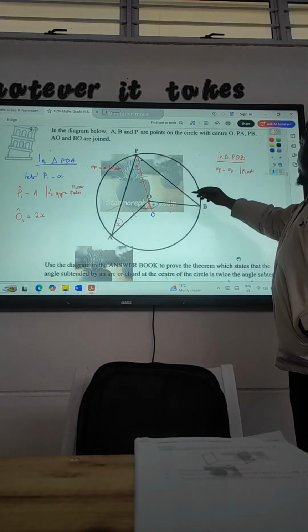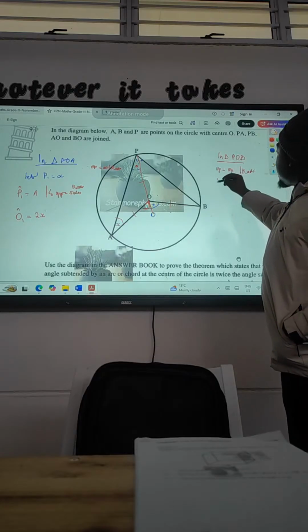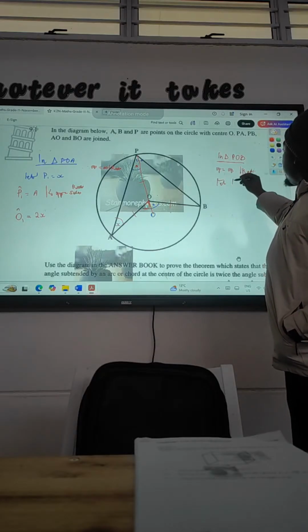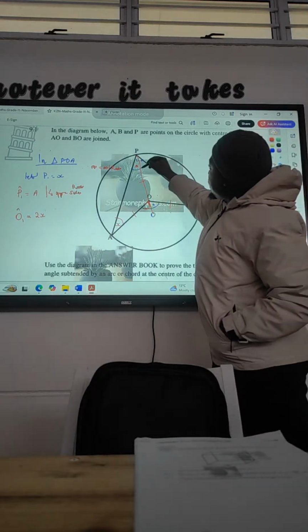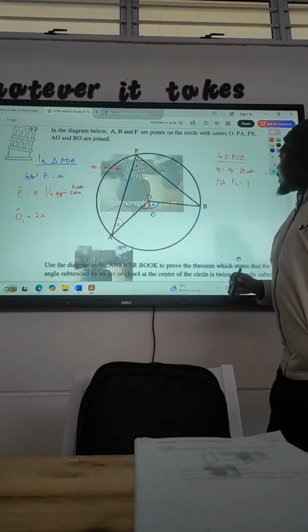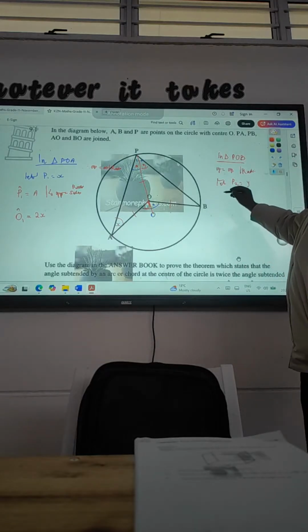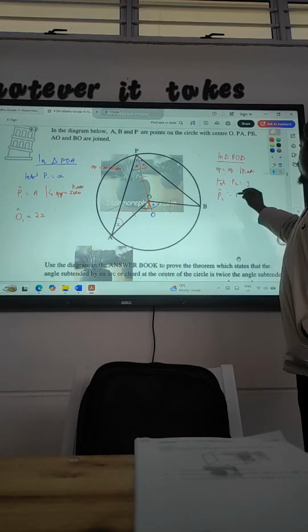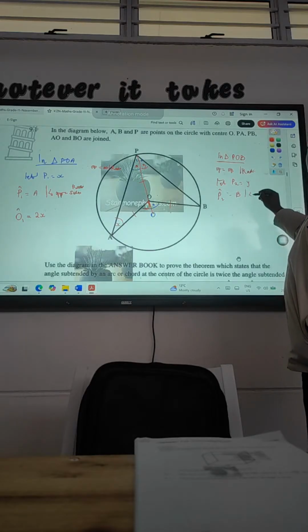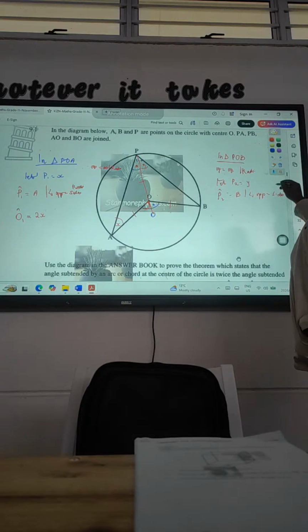And then we have another angle, let P2 now be equal to Y. This will be our Y. And then we'll say B, your angle P2 is also equal to B. Angles opposite equal sides or equal radii.